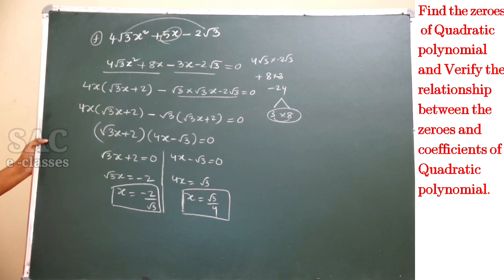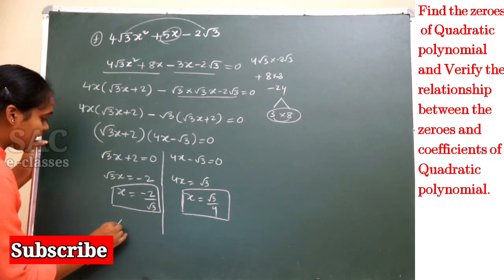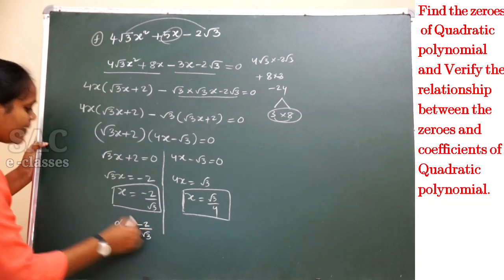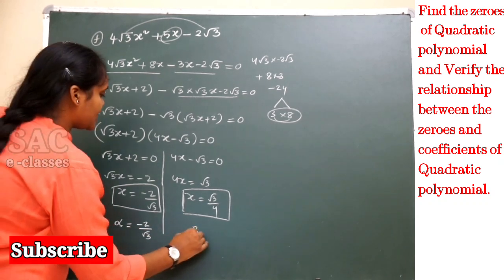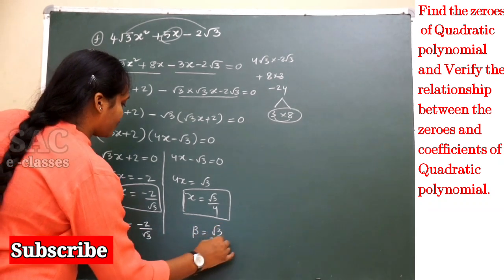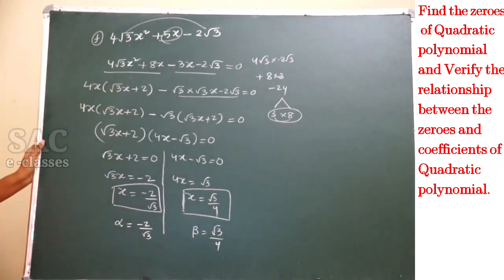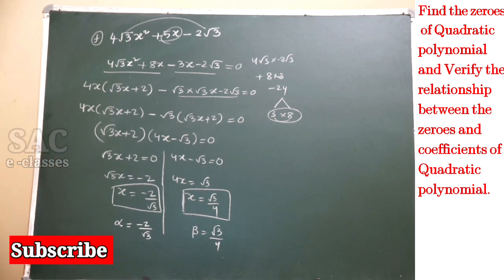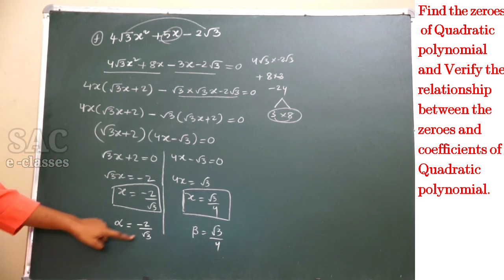In this way we can solve. So clearly you will get alpha equal to minus 2 by root 3 and beta equal to root 3 by 4. After getting the alpha and beta values, you know very well in what way we can simplify this and find the relationship.